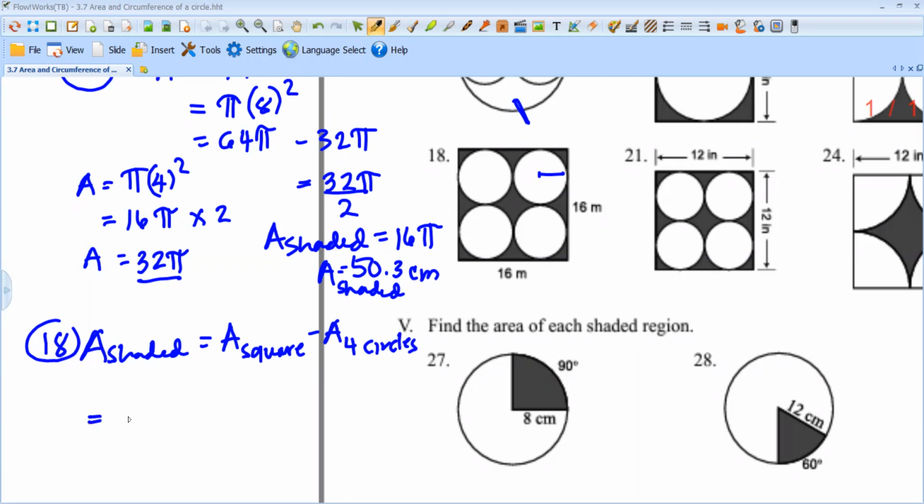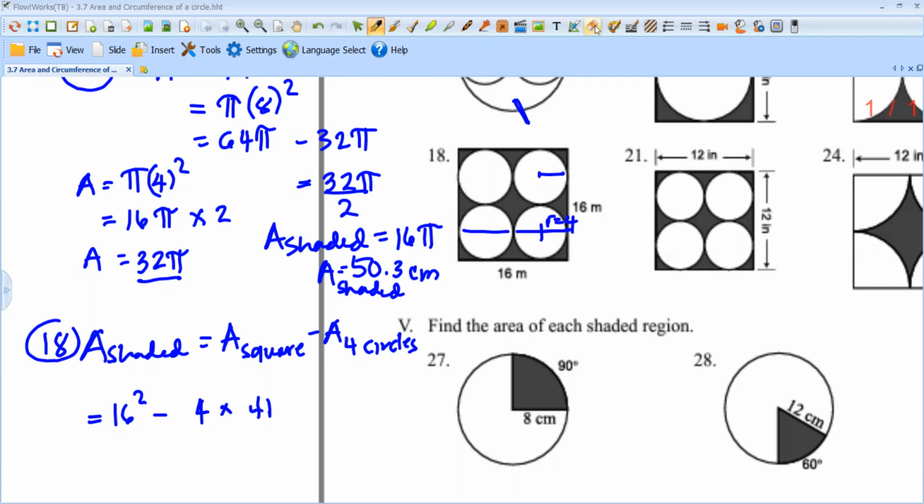So the area of the square is 16 squared minus the area of the 4 circles. This part is 8, this is 8, this is also 8. So the radius of the small circle is 4.